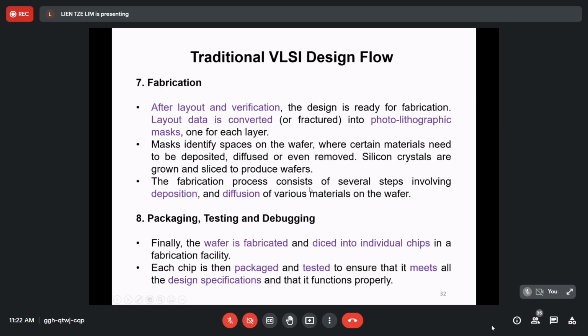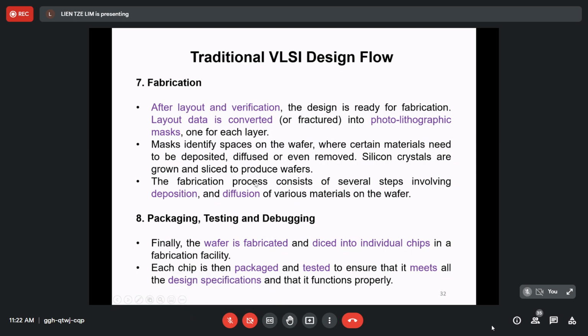So the description is given here. After layout and verification, the design is ready for fabrication. Layout data is converted into photolithography masks, one for each layer. Masks identify space on the wafer where certain materials need to be deposited, diffused, or even removed.